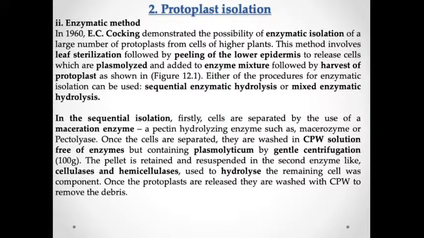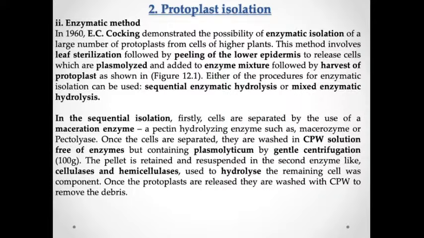Once the cells are separated, they are washed in CPW solution free of enzymes but containing osmoticum, and also by gentle centrifugation at 100 g. The pellet is retained and is suspended in the second enzyme, cellulase and hemicellulase, used to hydrolyze the remaining cell wall components.